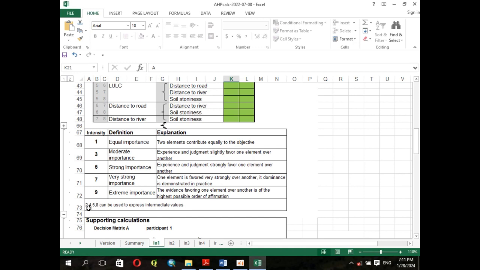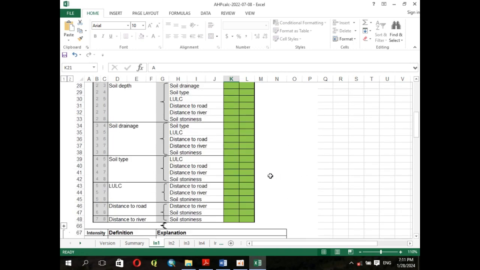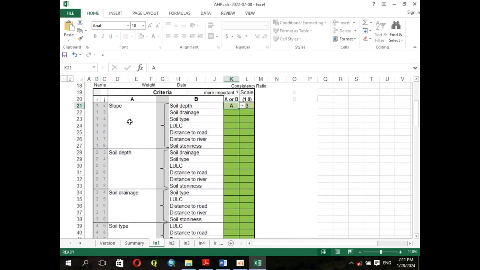For instance, if I give 2, which is between equal importance and moderate importance, I am saying it is an intermediate between equal and moderate importance. If I give 4, I am saying that it is between moderate importance and strong importance. So in such a way you should provide the scale for each parameter. All right, so the slope is compared with the soil depth in such a way.